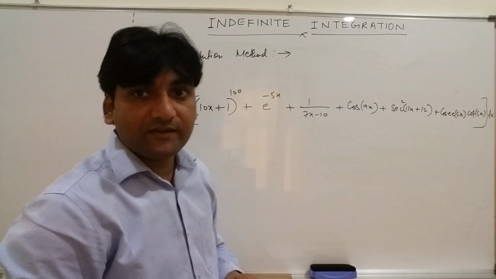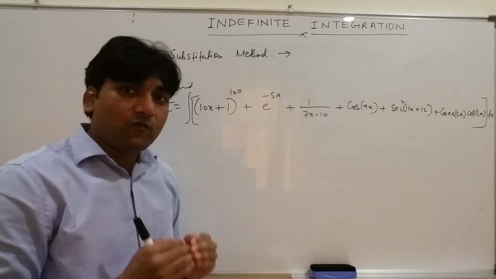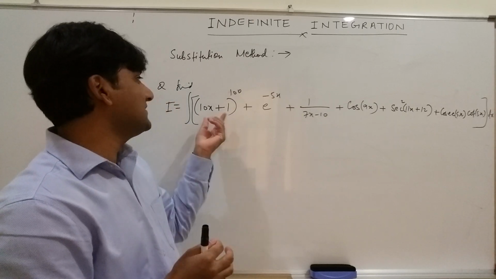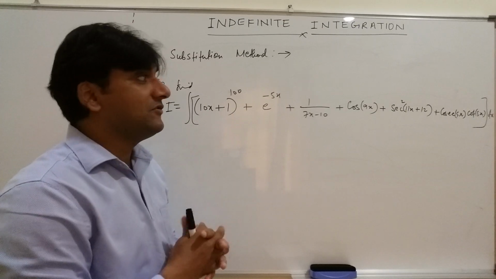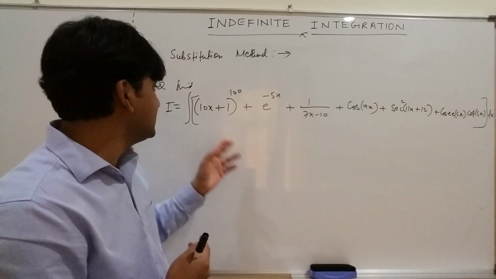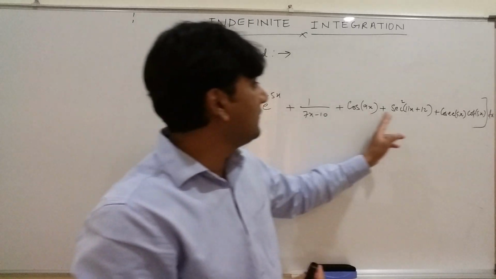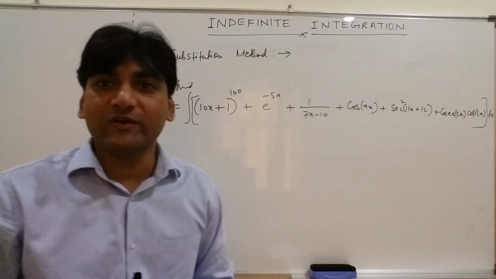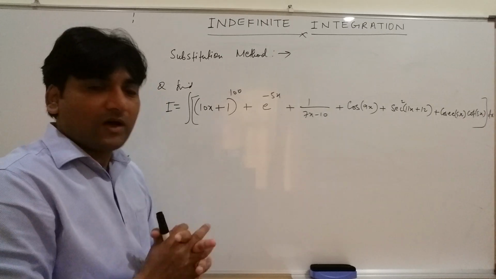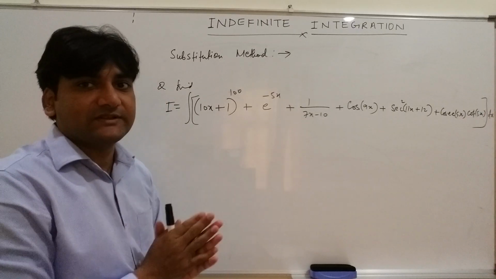So we will integrate. But I want to use the direct result. I don't want to substitute 10x plus 1 as t and all. Then it will be too long, because how many questions are these? 1, 2, 3, 4, 5, 6. Six small questions I have accumulated in one. So I am going to use the direct result.